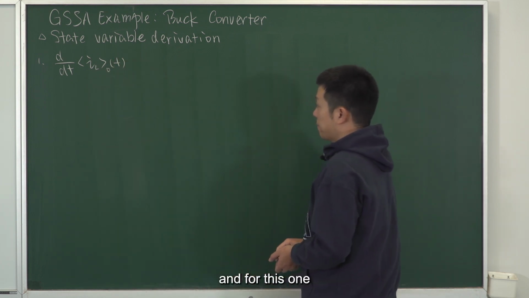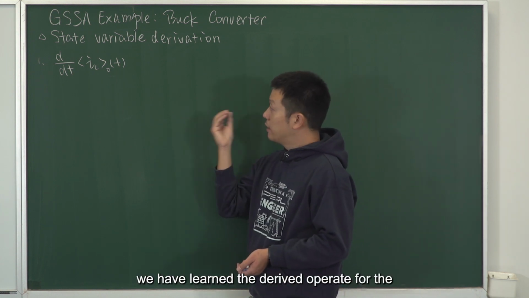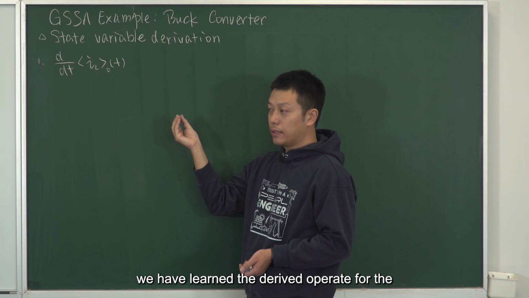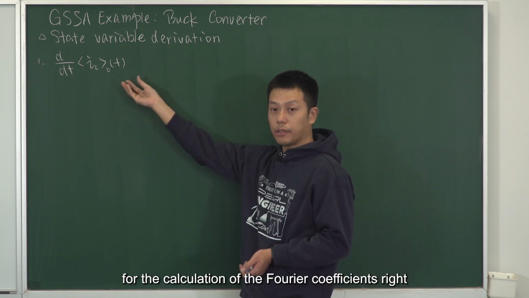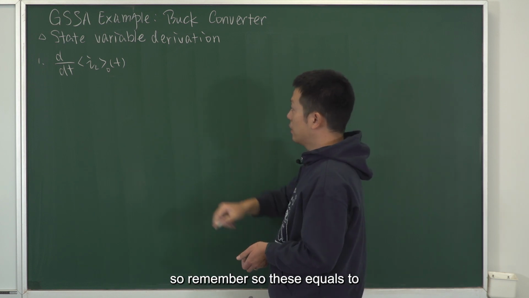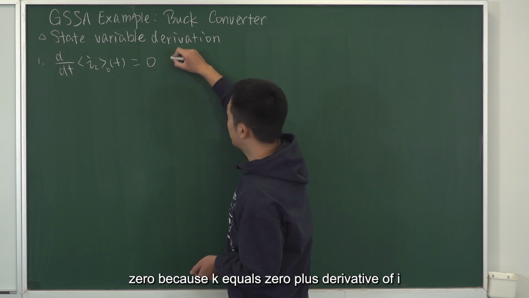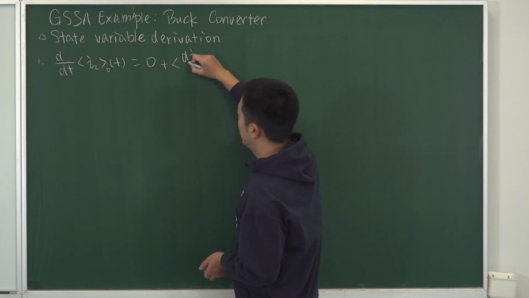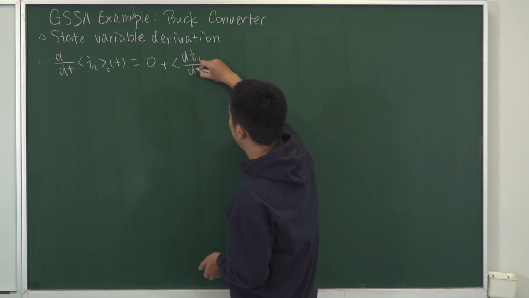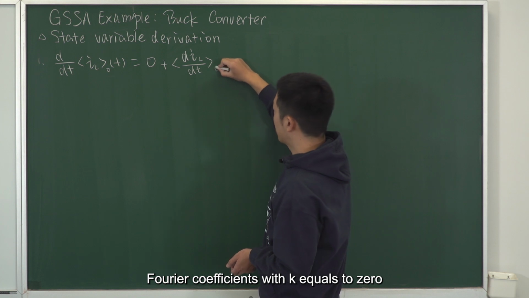And for this one, previously we have learned the derivative operator for the calculation of the Fourier coefficients, right? So remember, this equals 0 because k equals 0, plus the derivative of IL over dt, the Fourier coefficient with k equals 0.